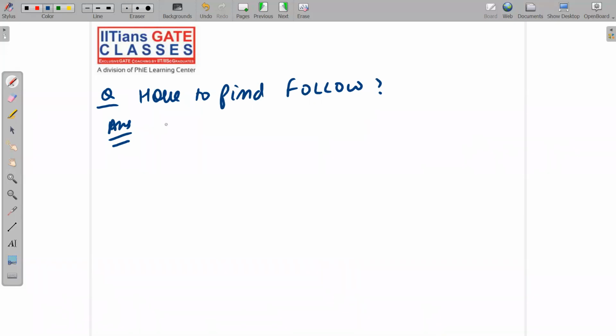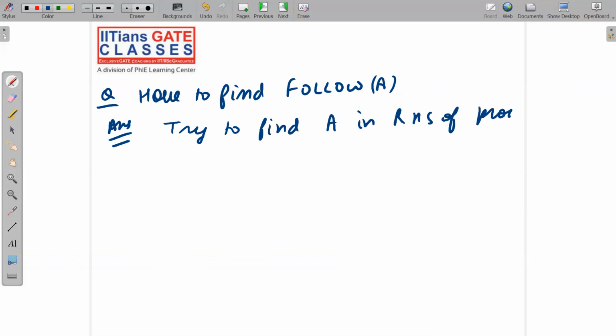Suppose we need to find follow of A. We will try to find A in the RHS of productions. We will not consider the LHS, because the LHS will contain only one non-terminal symbol, since it is a context-free grammar. So in the RHS we may find A.